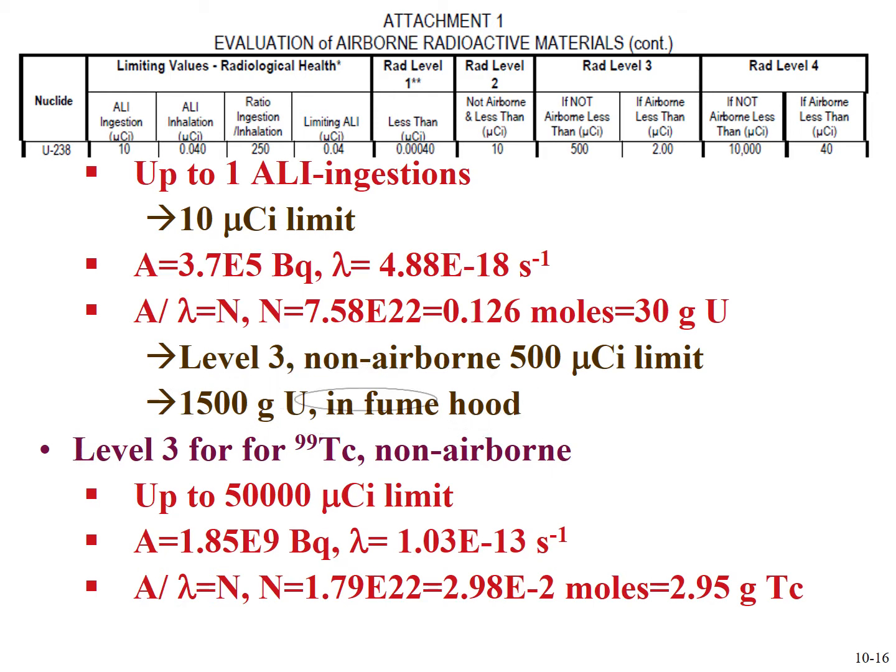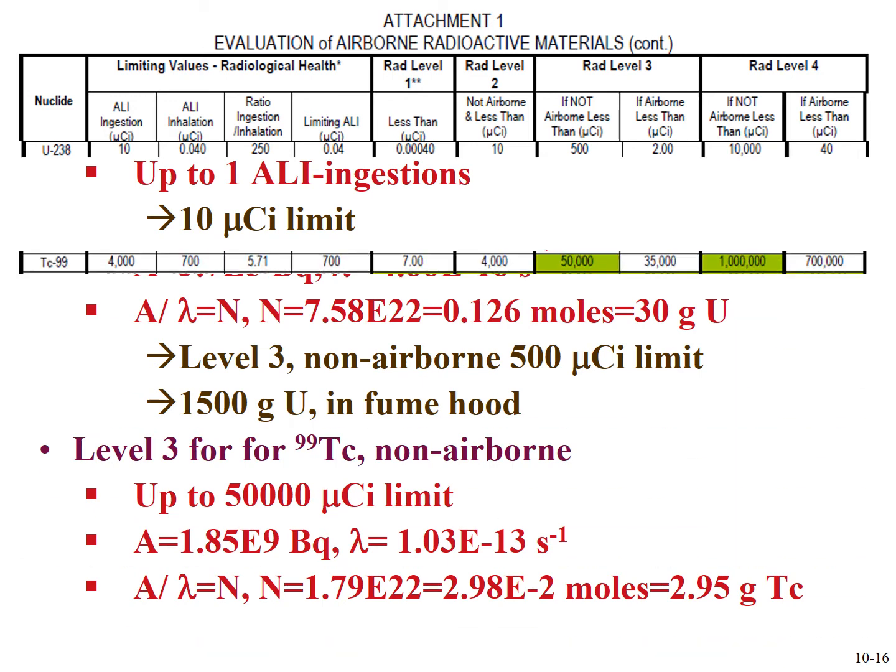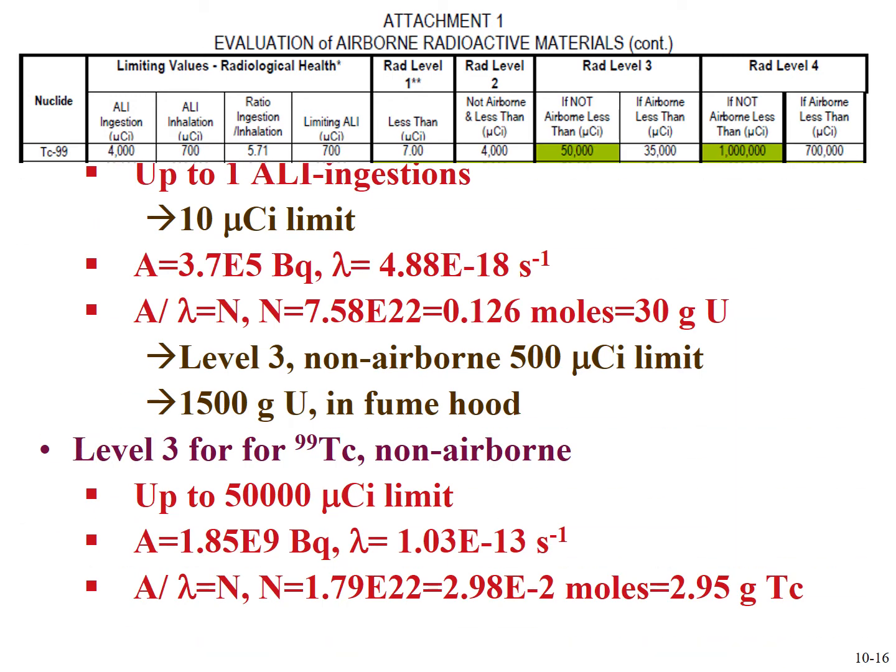We can perform the same sort of calculation for technetium. Here's the data for technetium-99. Let's say what's the value for a level 3 technetium experiment, non-airborne. I look at my table. I see that the value is 50,000 microcuries.